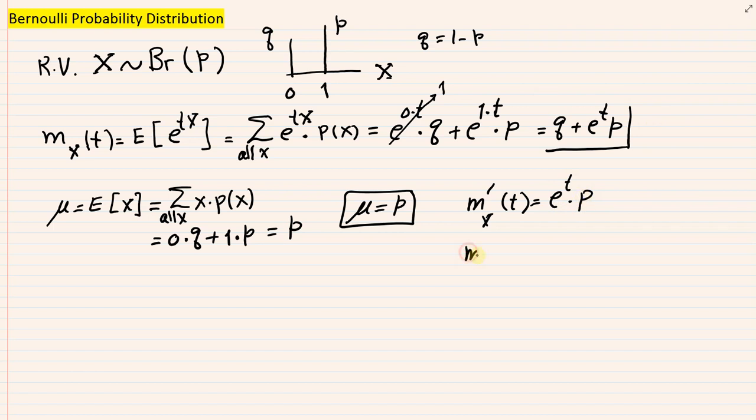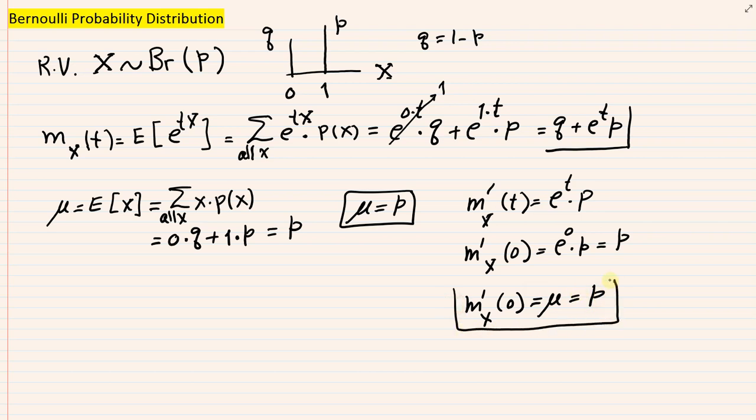And of course, M prime at a value of 0 will give you e to the 0 times P, which equals P, and M prime at 0 is indeed the definition of the mean. So M prime of X at 0 is going to be the mean, which is P. You get the same outcome as we just did.